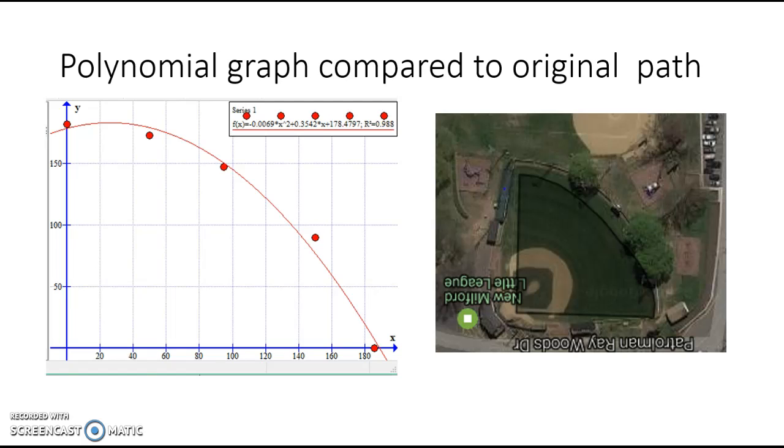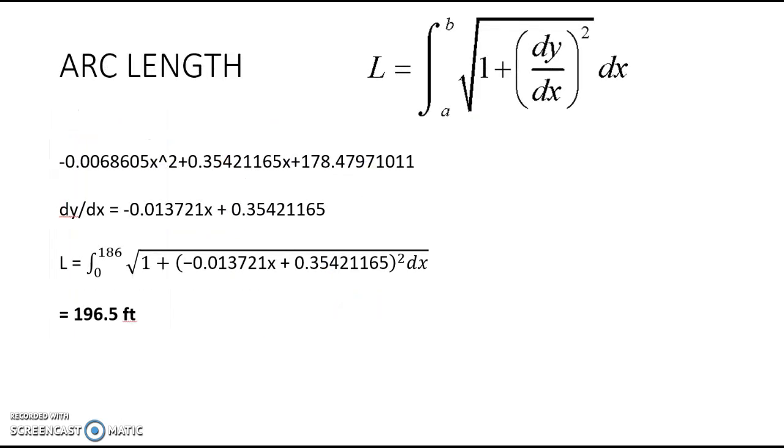And as seen at the top, the equation of this graph was given. So I took the equation of the function that I had plugged in, based on the coordinates. And I had gotten negative 0.0068605x² + 0.35421165x + 178.479711011.